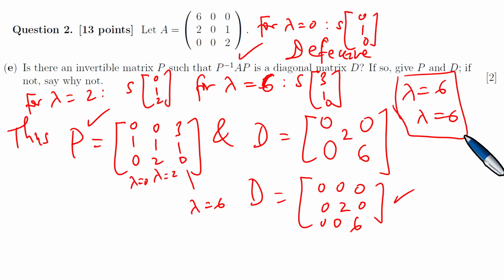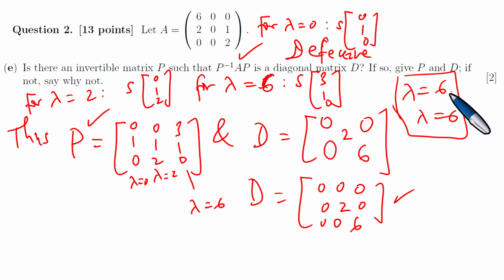There's a situation where there's one eigenvector in the eigenspace, but there are two eigenvalues that are the same. In that case, the matrix P does not exist, because P is not invertible, and the matrix P must be invertible.